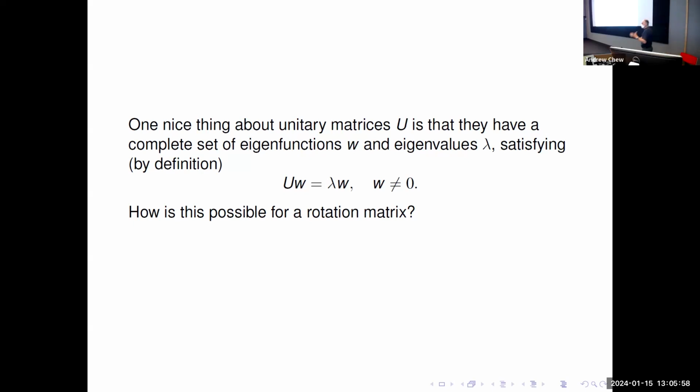Now, having said that, and having told you that rotation matrices are examples, you might think those are in contradiction, because of course a rotation matrix takes any vector and moves it to a vector with a different direction. And this equation is saying that U of W has the same direction as W. So how can that be?